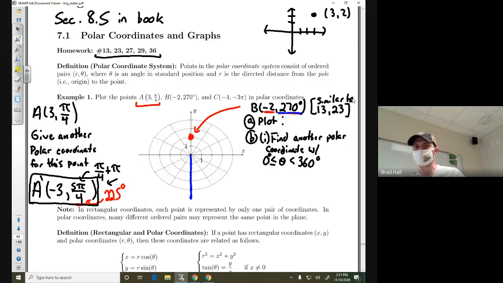Find another polar coordinate such that your angle part is within 0 to 360. So this one, you cannot use coterminal. So we'll call that B prime.